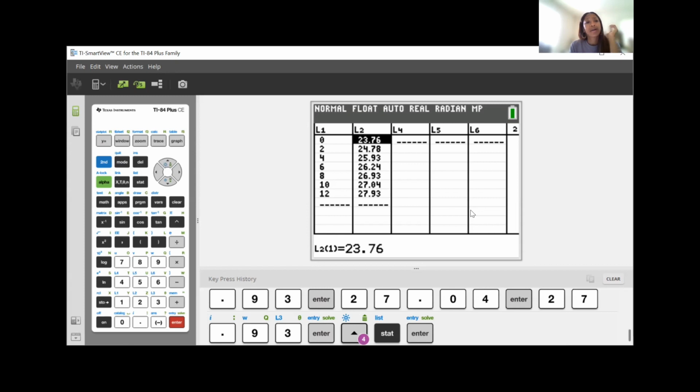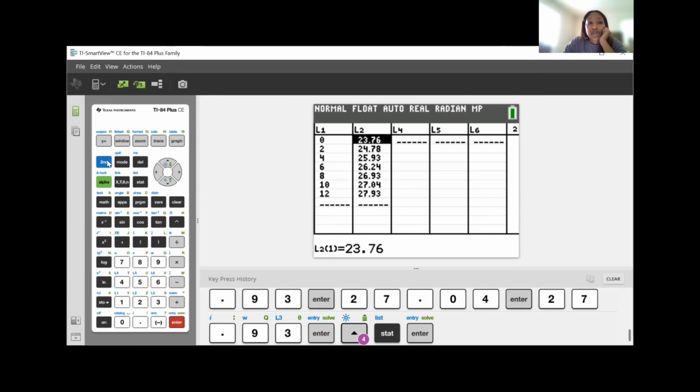Now we're going to let the calculator plot the points for us. There's this nice button here that says stat plot. It's above y equals. So basically, usually the calculator graphs the information that's under y equals, but we wanted to graph the information that's under statistics. So we have to tell the calculator that.